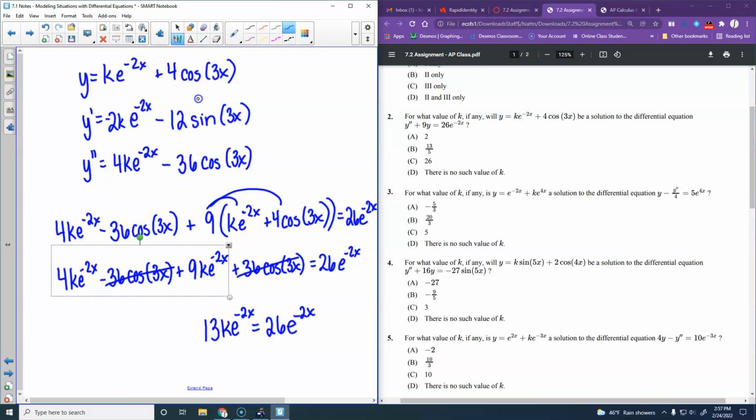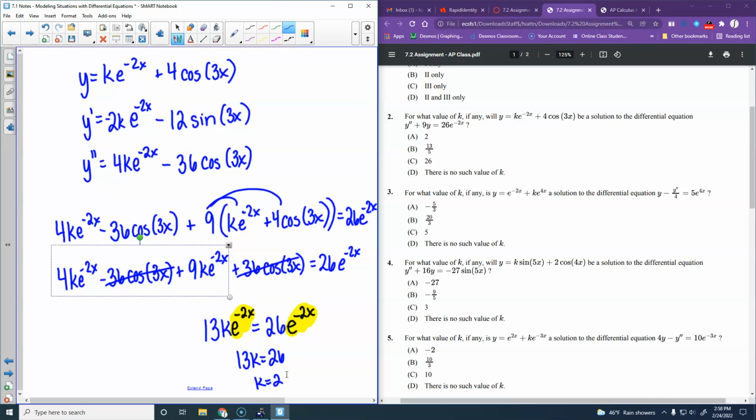So this part right here is the same. Alright, so we really just need 13k to equal 26, in which case, if 13k equals 26, if we divide both sides there, we'll get 2. So k should be 2, which is A.